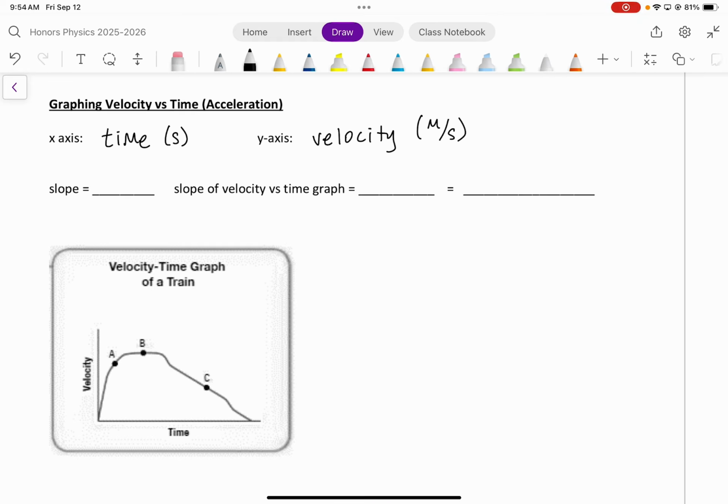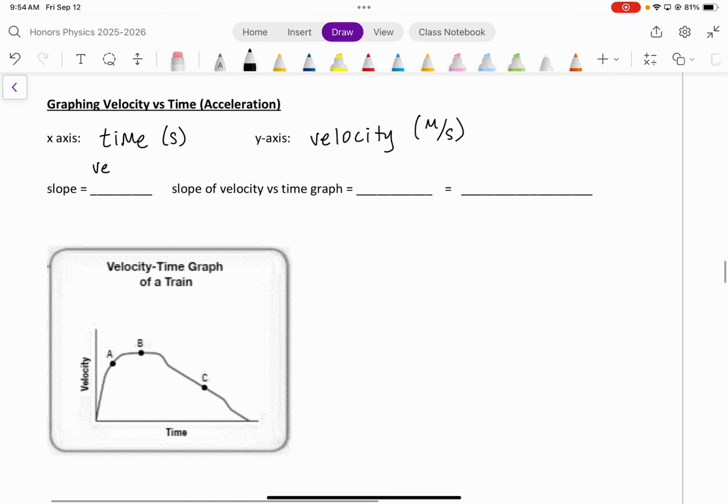So the slope of our line is going to be change in velocity over change in time, because this is the change in our y-axis, and on our y-axis we're graphing velocity, over the change on our x-axis, and what we're graphing on the x-axis is time. So the slope of our velocity graph is going to be change in v over change in t, and this is going to be in units meters per second divided by seconds.